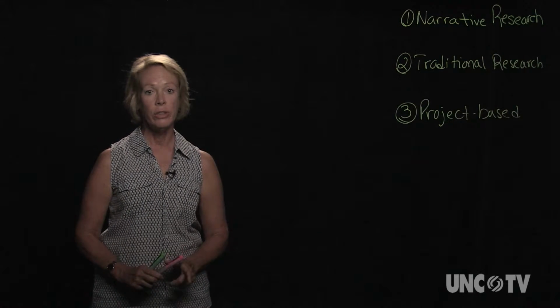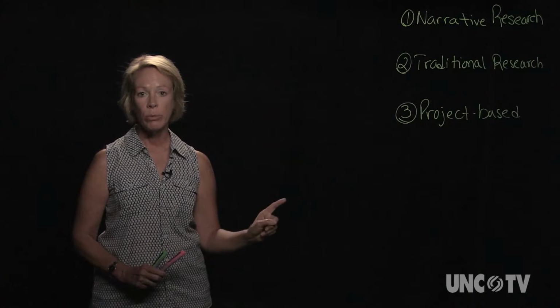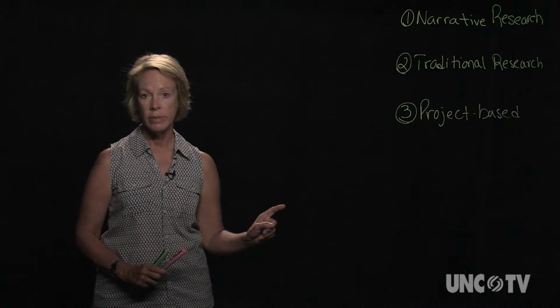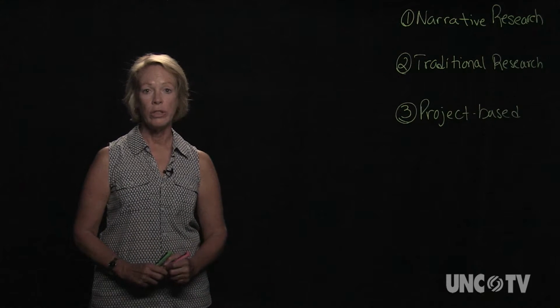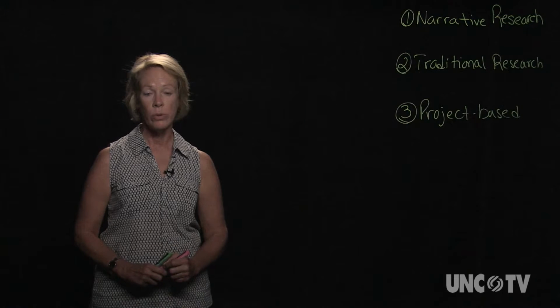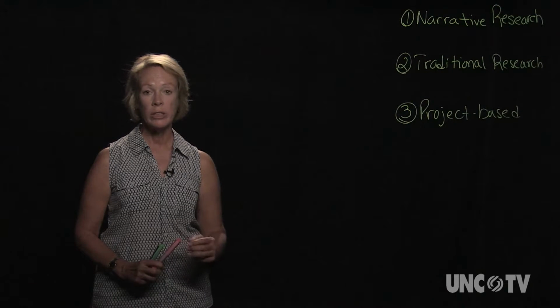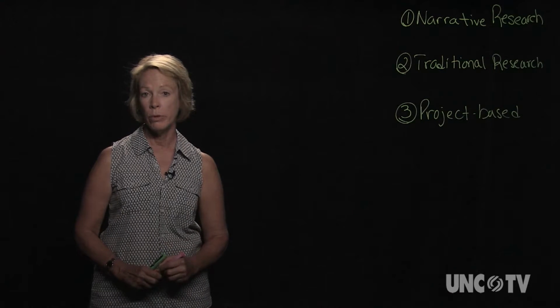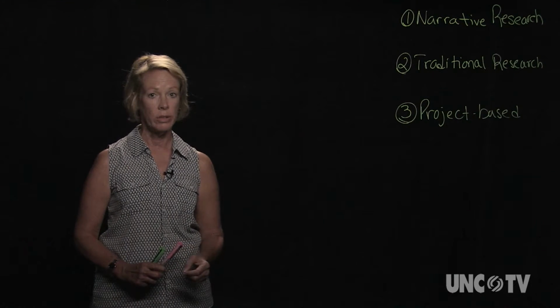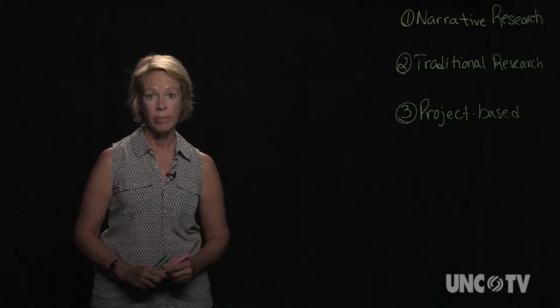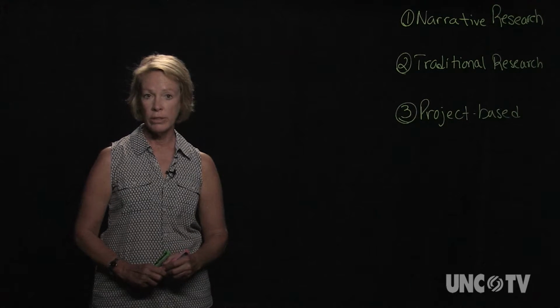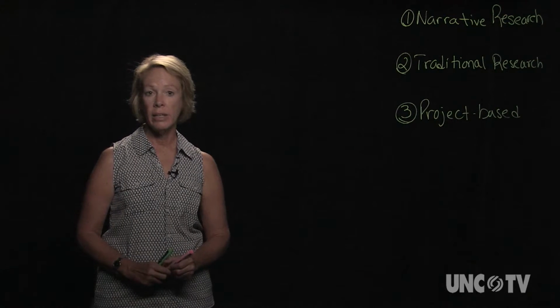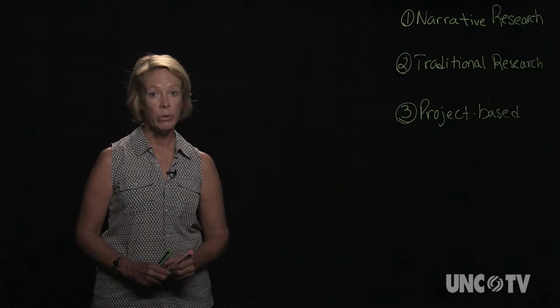One thing you need to do is think about these 3 types of research projects. The second thing you need to do is go through the modules in the online course and review especially the introduction to each one of these. That's going to give you a little bit more information than I'm able to in this introduction and orientation. So when you go visit with your advisor, you will have some idea of what you want to do and how you want to do it.